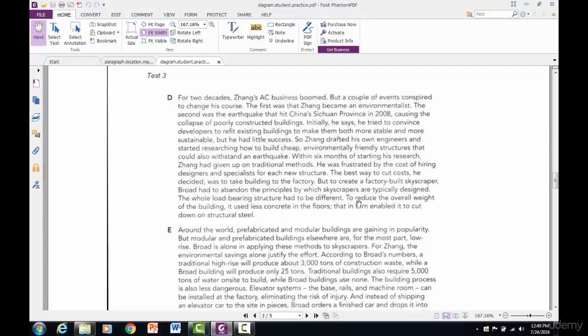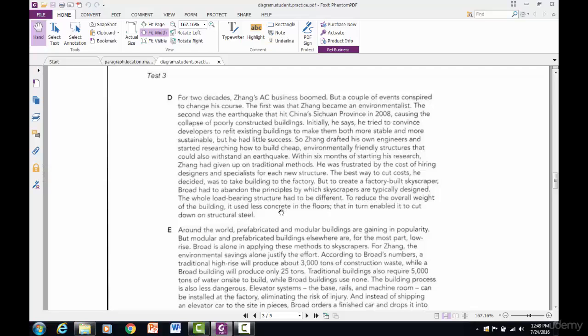To reduce means to make less, and here we have the word building right here. To reduce the overall weight of the building, it had to use less concrete. And we have the exact word less right here, less concrete. So the answer would be concrete, C-O-N-C-R-E-T-E. To reduce the overall weight of the building, it had to use less concrete.